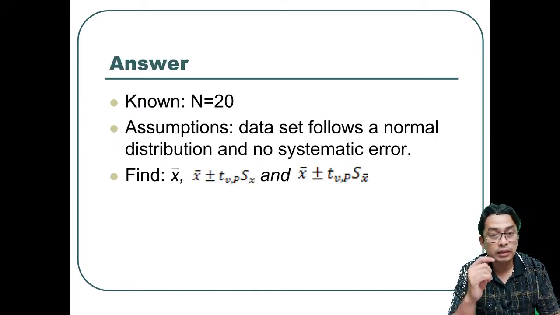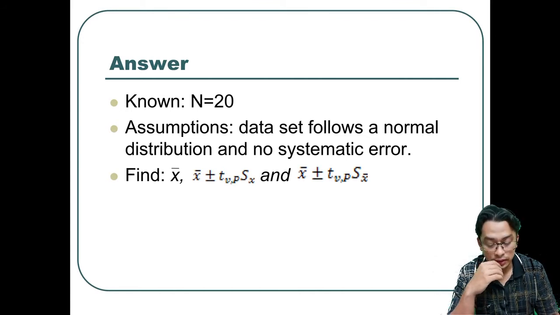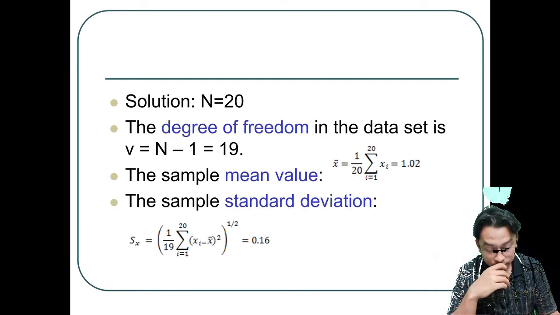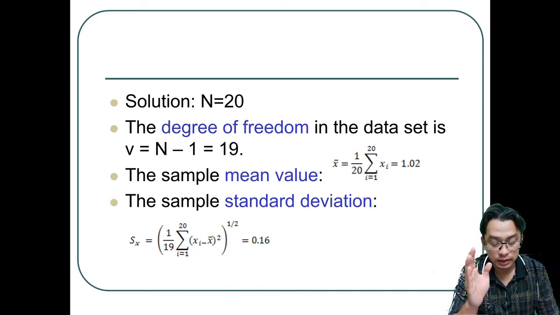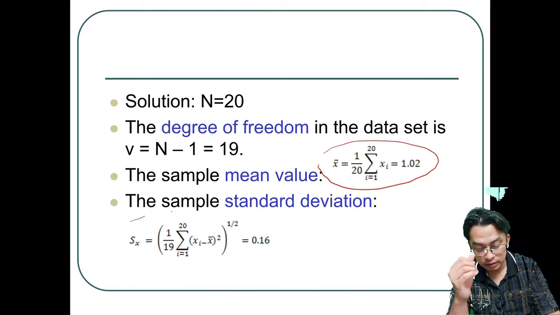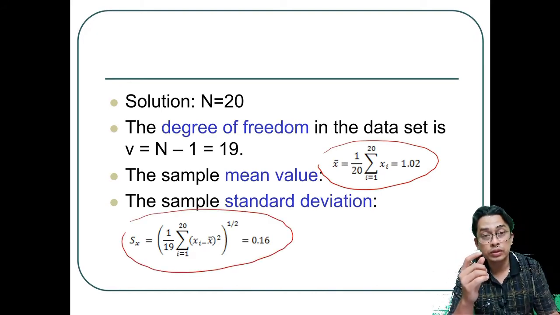We know that the data is 20 data, normally distributed, and a finite data size. The n is 20, and of course with n of 20, the v is n minus 1, which is 19. For the mean value, we just use the equation, and for the standard deviation, using the equation, you get 0.16.